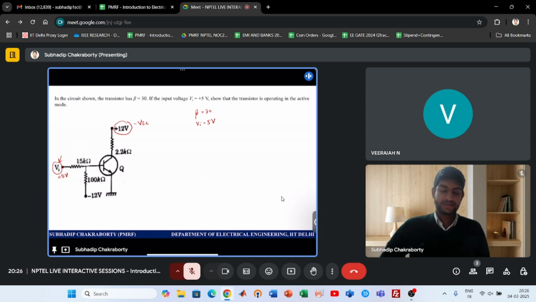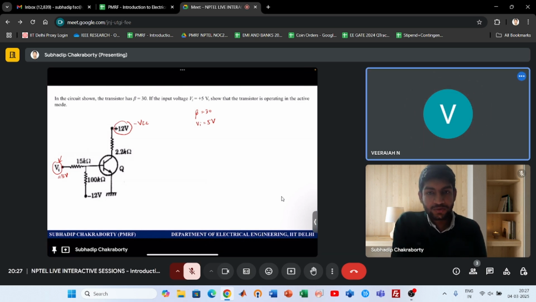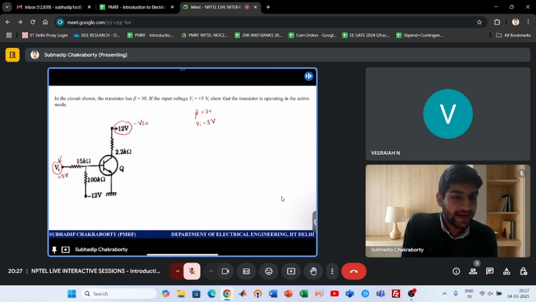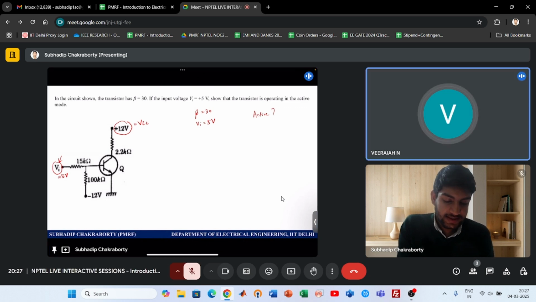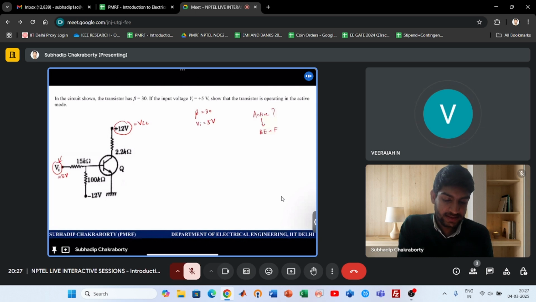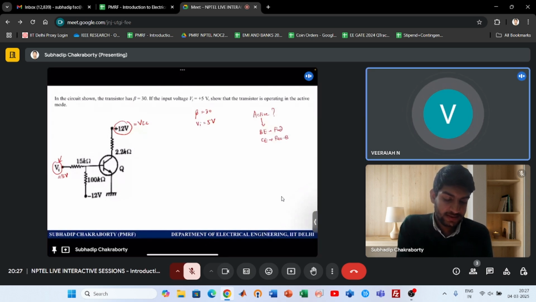And this is the VCC, what we call the biasing voltage at the collector. It asks you to show that the transistor is operating in active mode. So what happens in active mode? Base emitter junction is forward biased and collector junction is reverse biased.